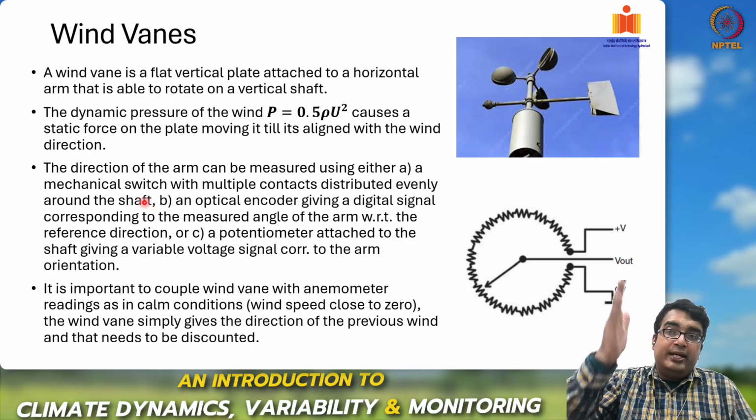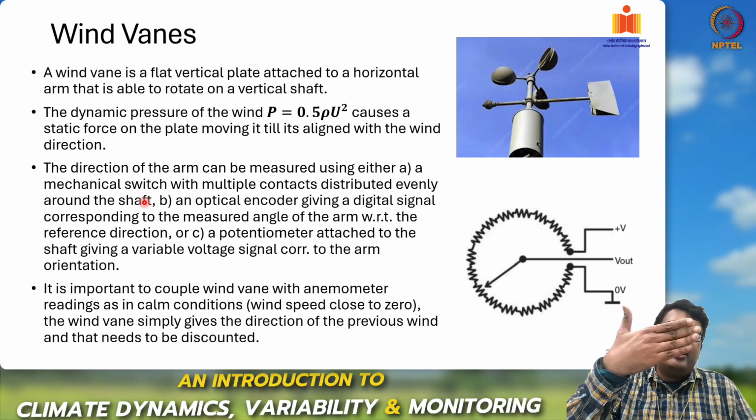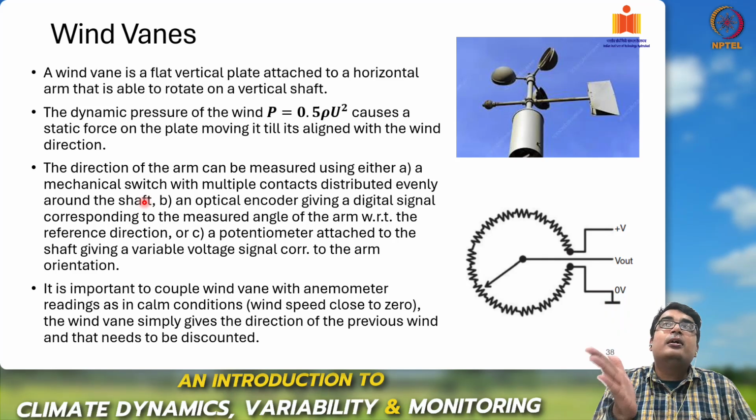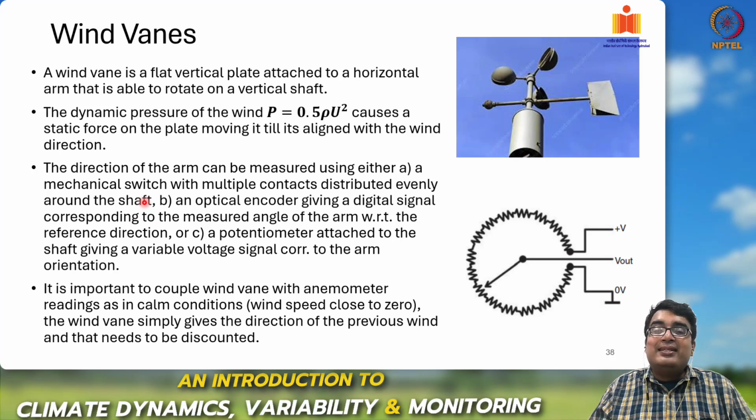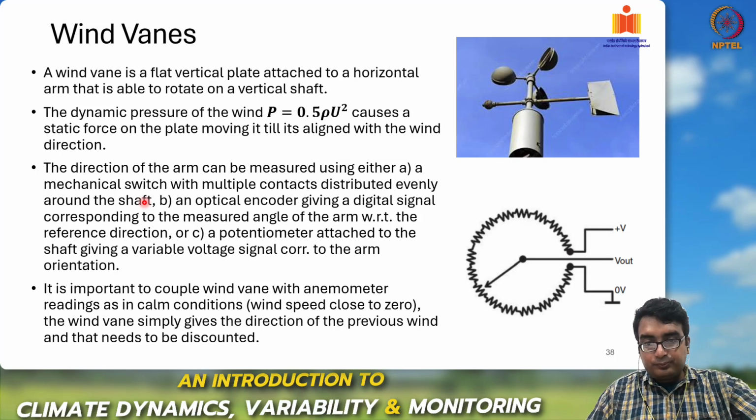Whenever the wind vane shaft moves by a certain angle, some of the switches get hit and other switches do not. Based on the last switch that has been hit by the movement of the shaft in the wind vane, you can know the orientation of the vane, and based on that the wind direction is evaluated.